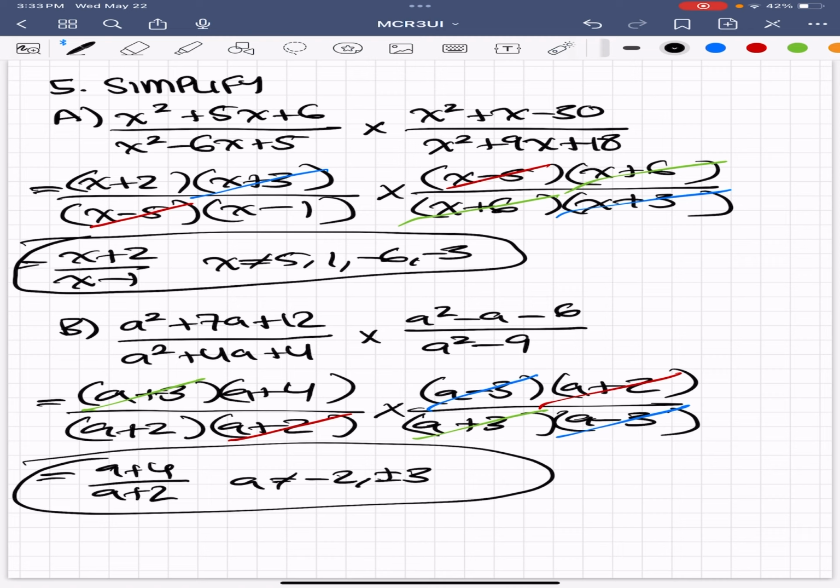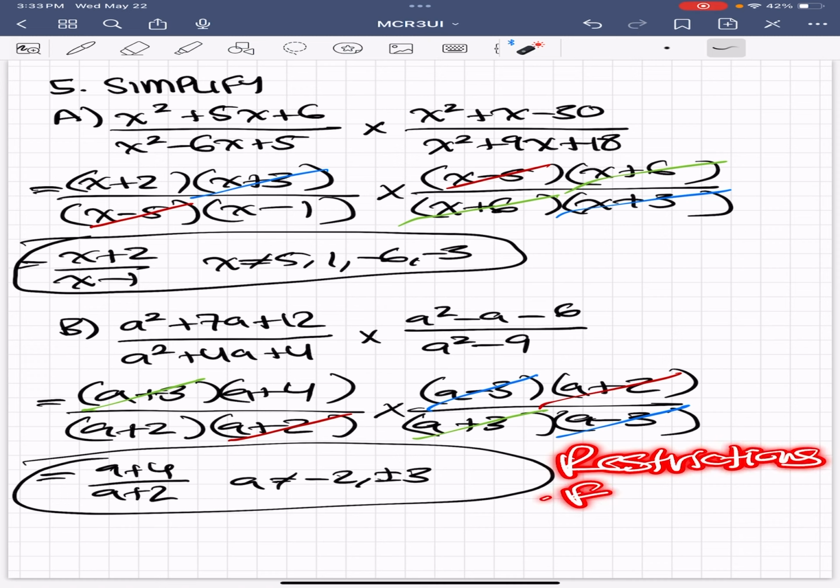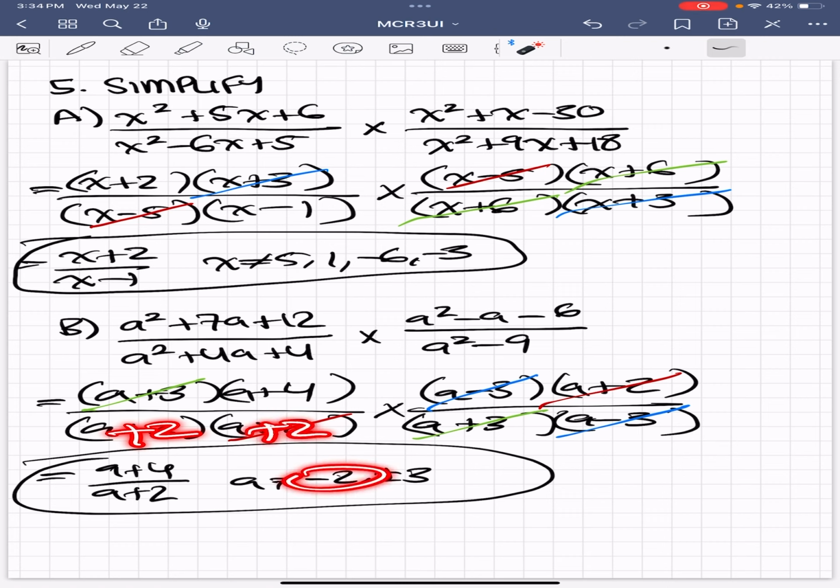And then for our restrictions, again, restrictions focus mainly on the bottom. So +2 and +2 would be -2. Then +3 and -3 would be plus and -3. As for their counterparts, and there's our answer. Moving on.